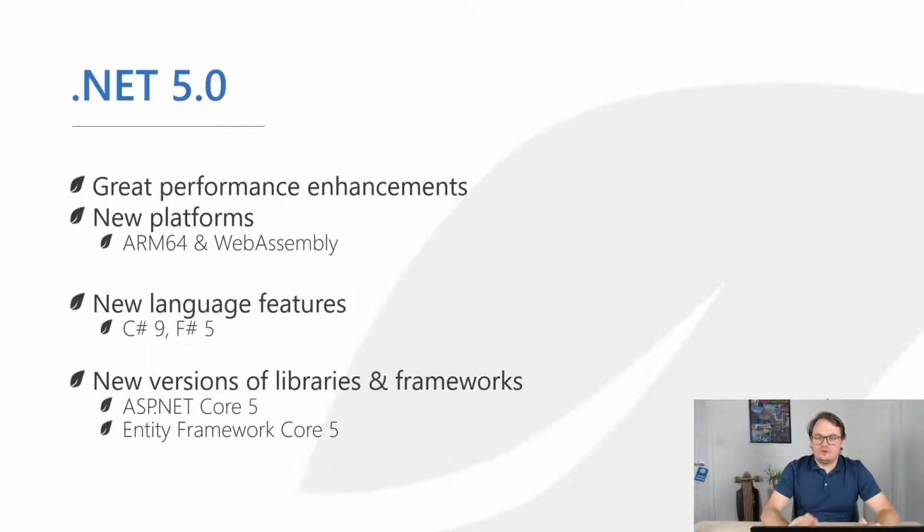So there is a new version of ASP.NET Core, ASP.NET Core 5. There is a new update for Entity Framework Core, so there is EF Core 5, which brings amazing new features and a lot of improvements. So I'm very happy about all these announcements, and I can't wait to start using them in my applications.